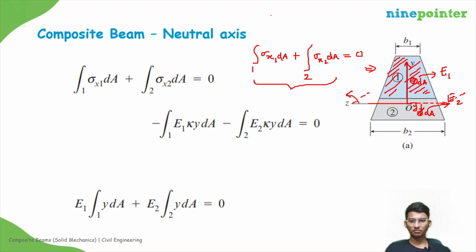We know that sigma x1 is equal to minus E1 kappa y if the material is linearly elastic. Similarly, sigma x2 is equal to minus E2 kappa y. Do you agree?